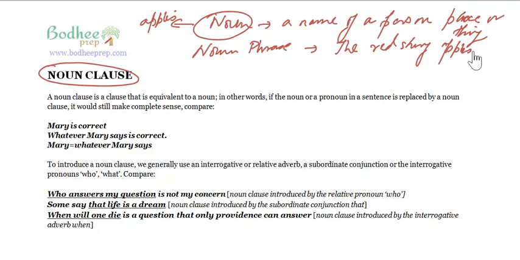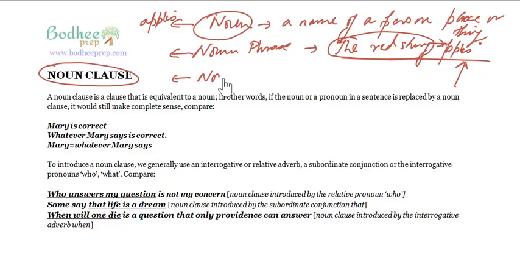In this case, this becomes basically a noun phrase because apples is the key noun and the other things are basically acting as modifying elements to the noun apples, right? And then after noun you have noun phrase and then you have basically the noun clause.